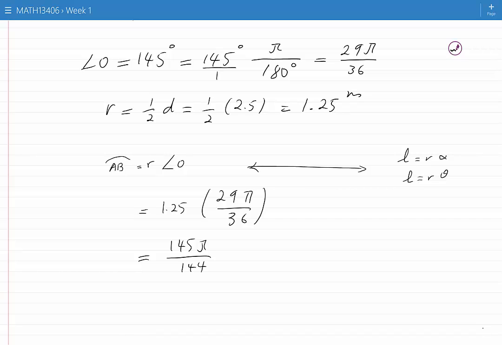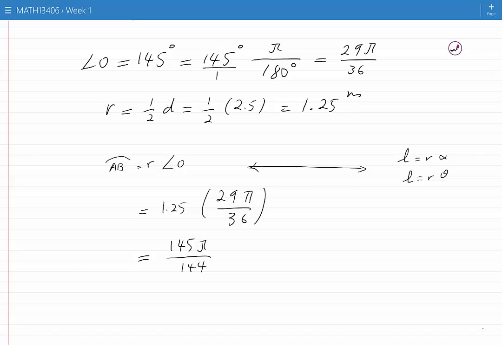Should we leave the answer the way it is? Actually not, because this number has many digits, but they're not all significant in our problem. Let's write this in decimal form.